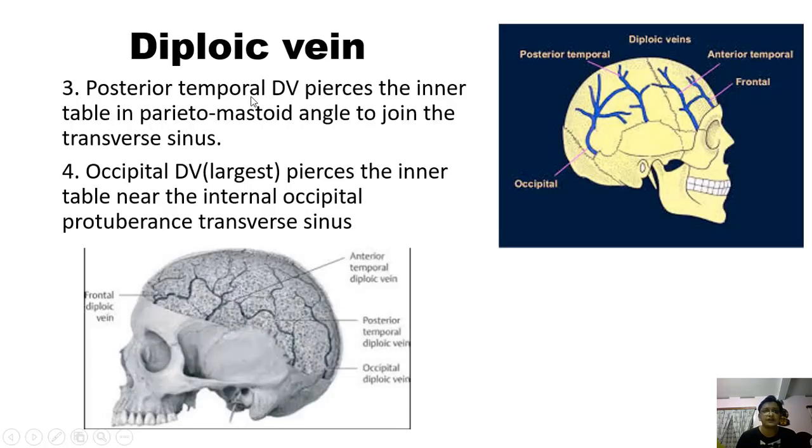In posterior temporal, diploic vein pierces the inner table in parietomastoid angle to join the transverse sinus. Okay, in this diagram you can see that the outer cortex of the bone has been removed, and between the inner cortex and some medullary bone you can see this web-like structure, kind of spider webbing you can say. That is the path channels of diploic vein.